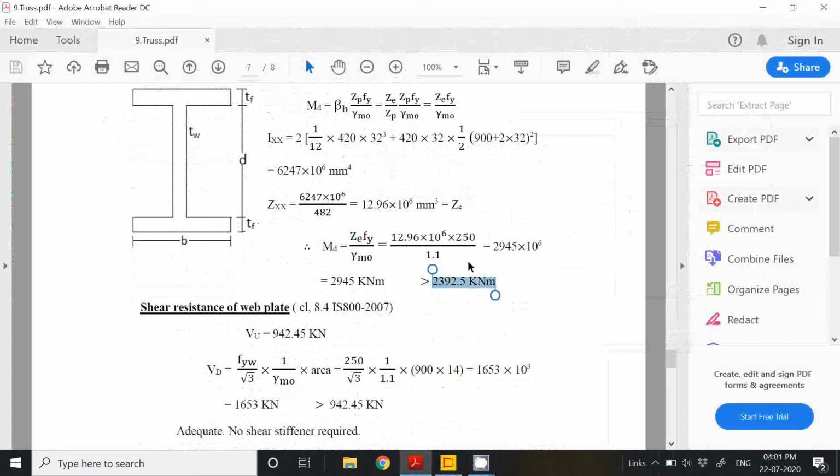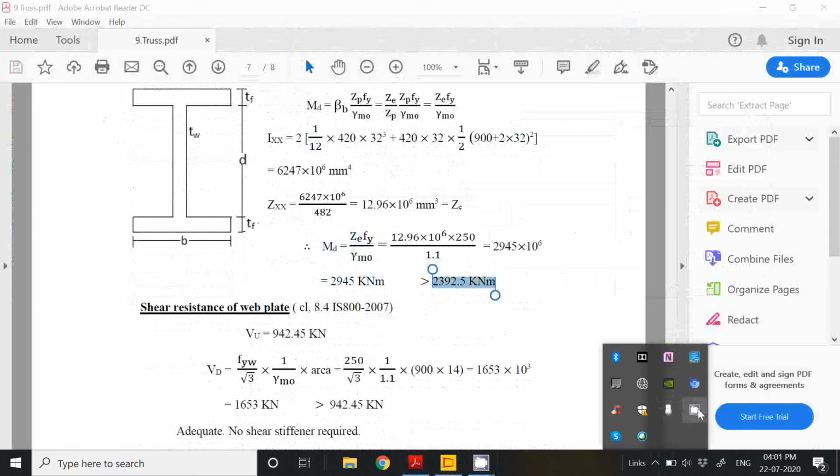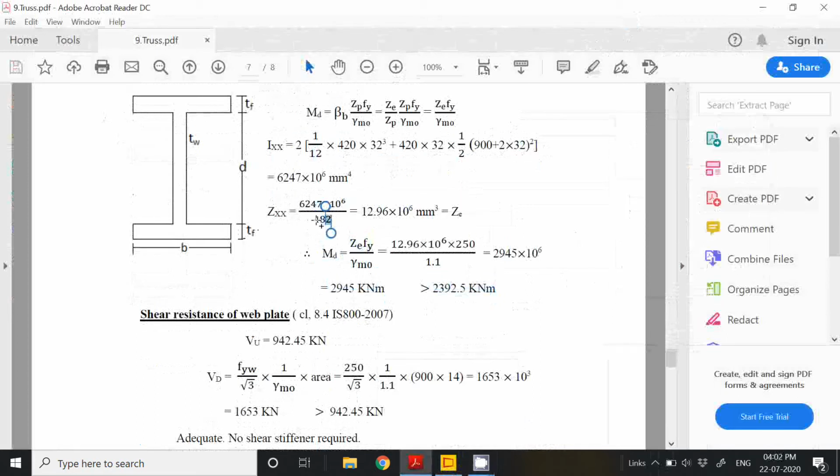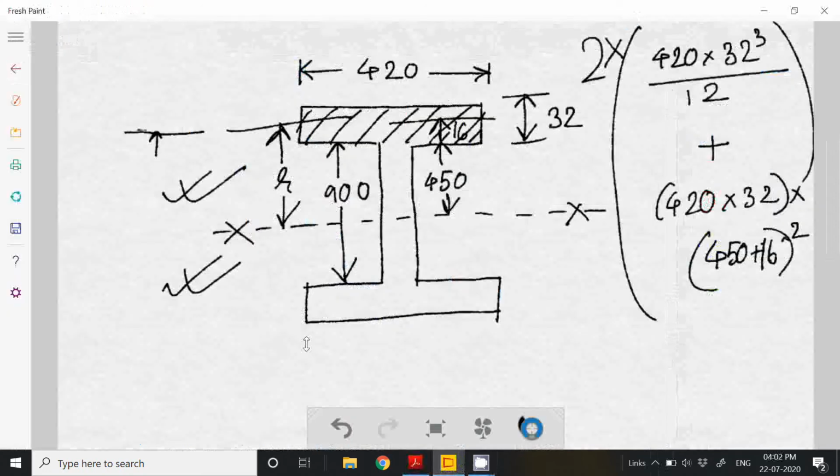Now if I do the calculation of this one, 482, let me just check once. This is how much? 450 plus 16, isn't it?